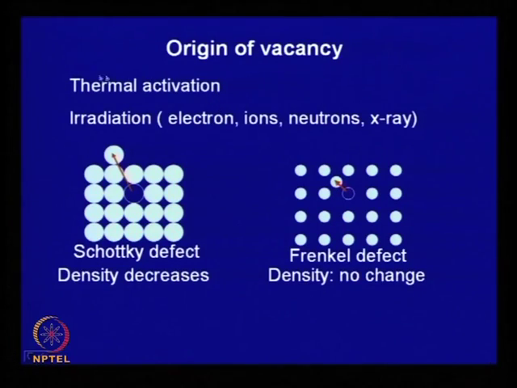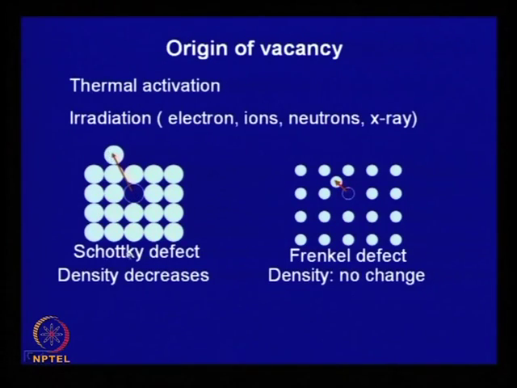So, thermal activation is one way; another is to bombard the metal with high energy particles like electron beam, ions, neutrons or X-ray. In that case also you will be able to push an atom from here to here. So if you bombard it or give thermal activation, one atom moves from the center and comes to the surface.